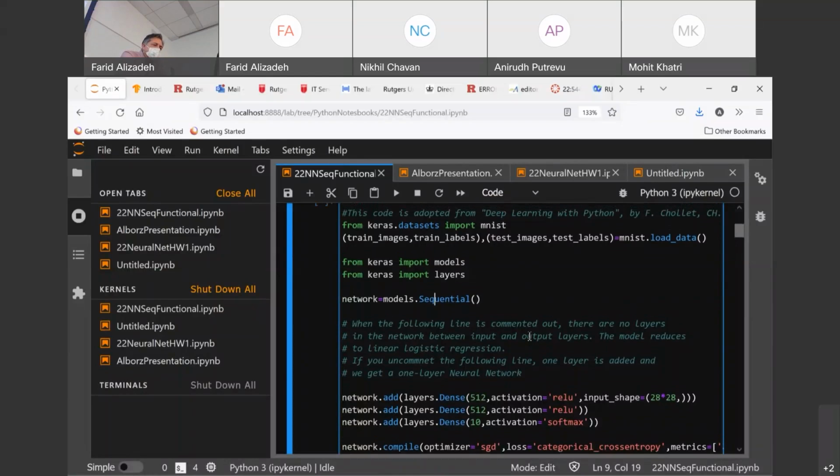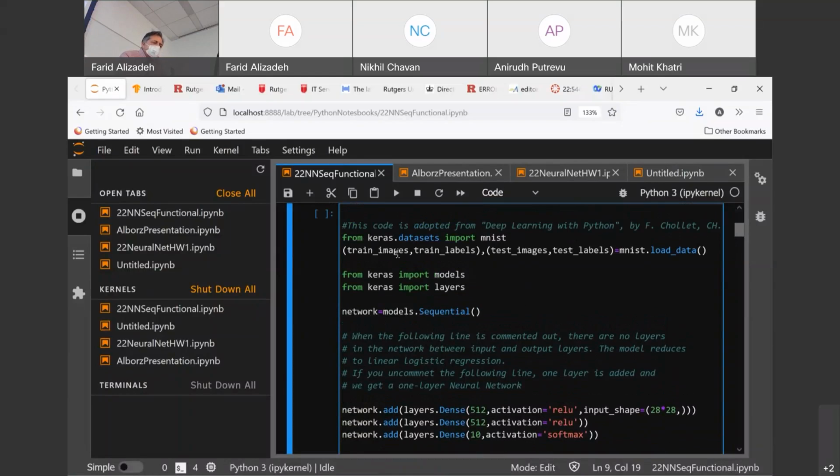So basically you have to import the models and the layers. By the way, I don't know if you have the same problems I have. Depending on what version you use, I get all sorts of errors. Like when I run it for the first time, it's an error, but when I run it the second time, it's fine. And every time it is updated, something else happens.